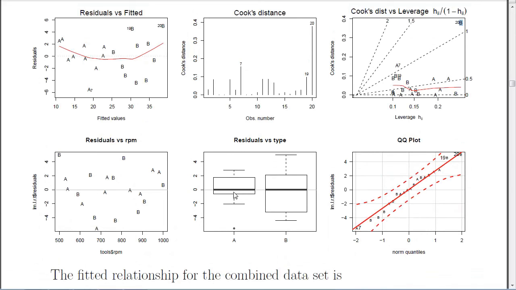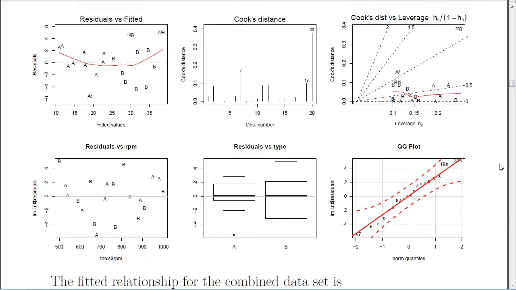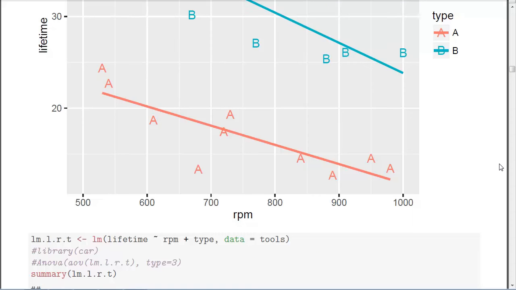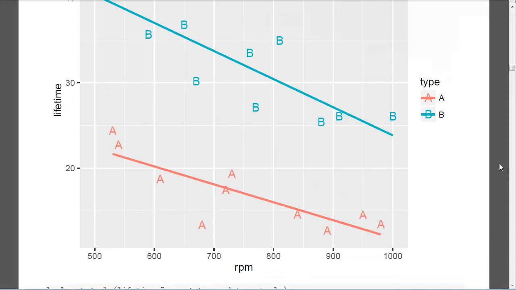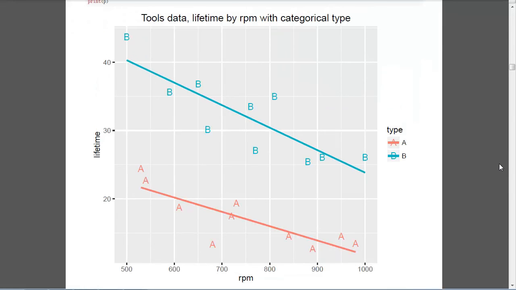A tends to have a little bit less variance than B. This is suggesting that the variance of lifetime scales with the mean. So we might consider looking at a transformation at this point. If I page up for a moment, the variance of B around its regression line is larger than the variance of A around its regression line.